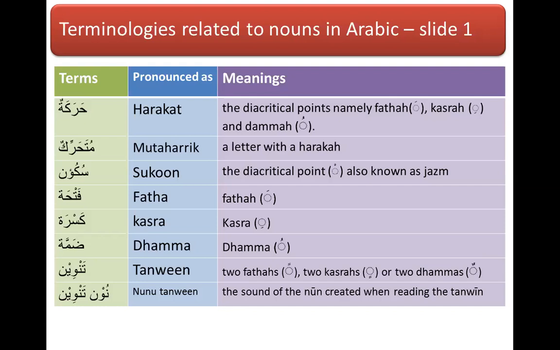Whenever any noun ends with two fathas or two kasras or two dhammas, then we call that noun with tanween. We say that that noun has tanween on it.